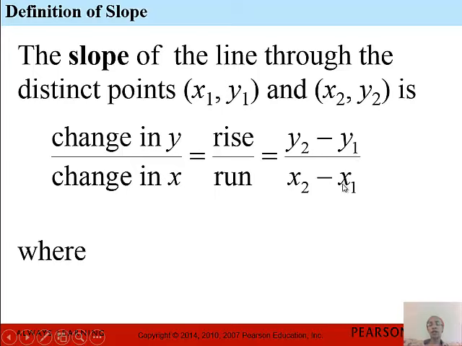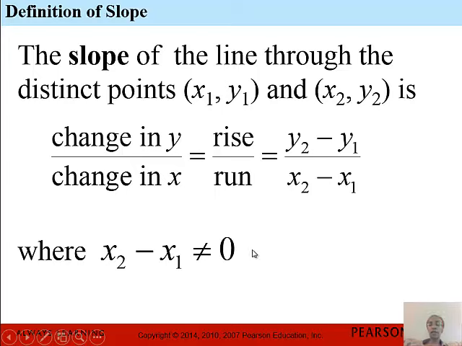We calculate run by finding the difference in the x values, making sure that the x that comes first in the difference in the x values corresponds to the y that came first when we calculated the difference in the y values. And to calculate slope, x2 minus x1 cannot equal 0.